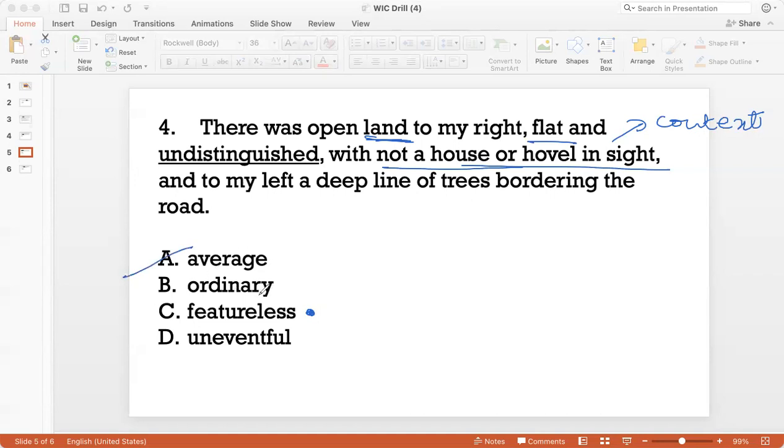It is also not captured by ordinary, because ordinary is something which is the usual, right? But I'm not just saying that the land is the usual piece of land. I'm saying that it was undistinguished. I could not make out anything that could distinguish this land from any other land because of the fact that there was nothing on it. So featureless, right? And uneventful cannot really be used for land. Uneventful can be used for an occasion, for a party, for a meeting where nothing much happened, but not for land. So the best answer is option C.